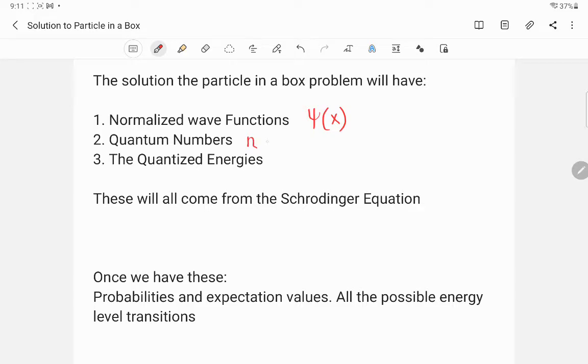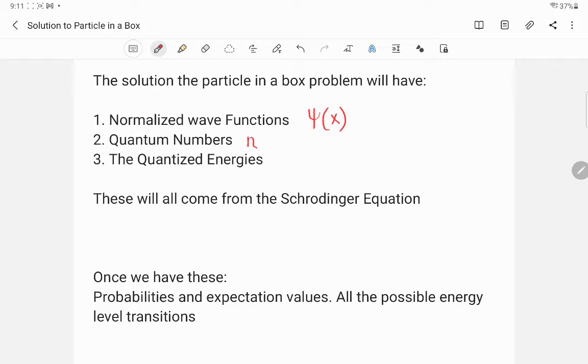And what's interesting about the quantum numbers is the problem itself is going to give us whether or not we're talking about integers or half integers or even integers or odd integers or integers squared, right? So the problem is going to dictate the index, the quantum numbers.